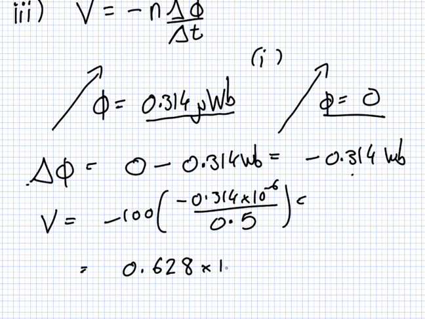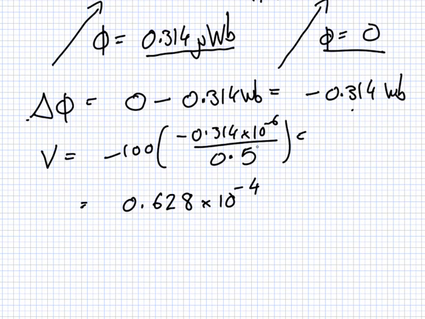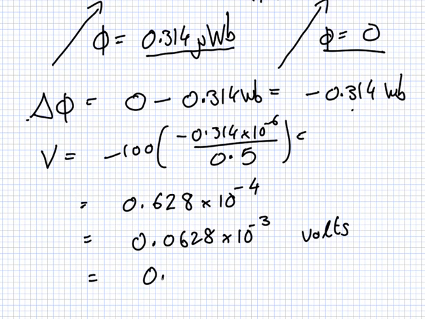How did I get to 0.5? It was given in the question. So that would be 0.0628 times 10 to the minus 3 volts, which is 0.0628 millivolts. So it's a very, very small voltage that's produced for a very short time.